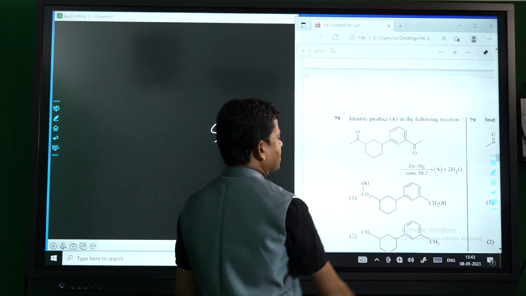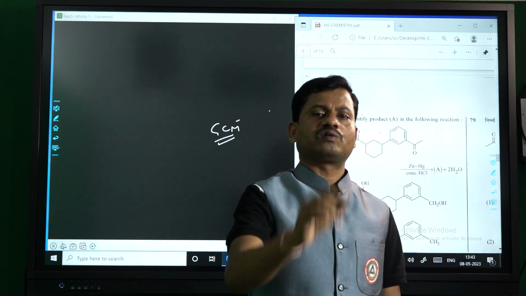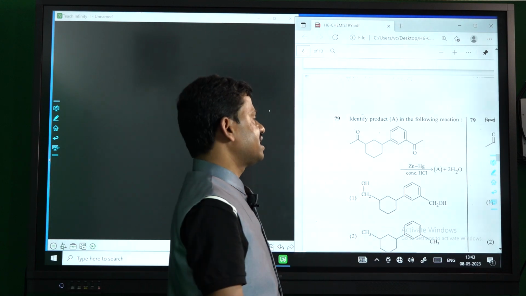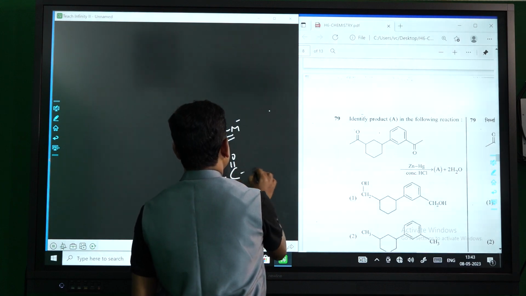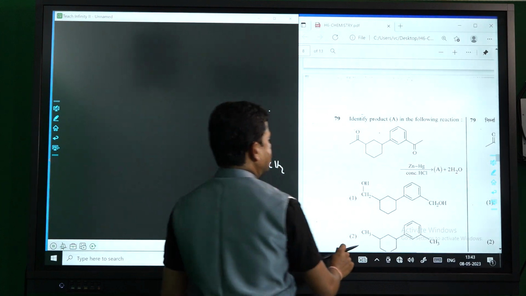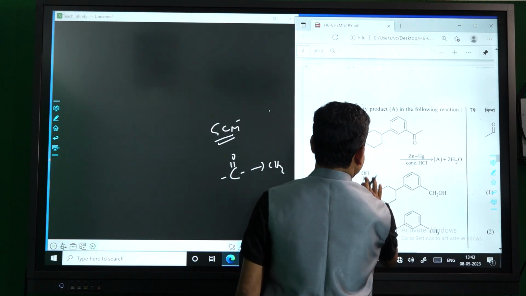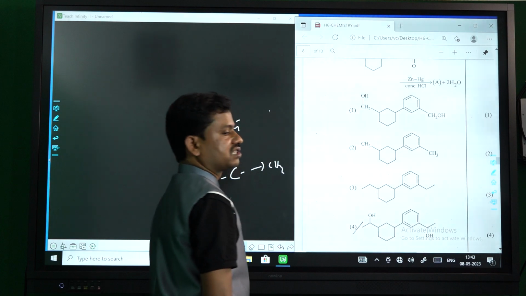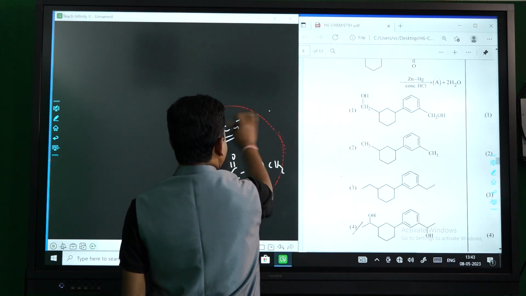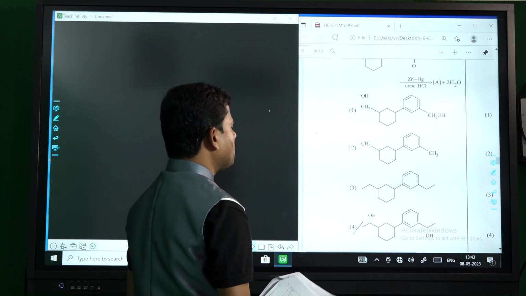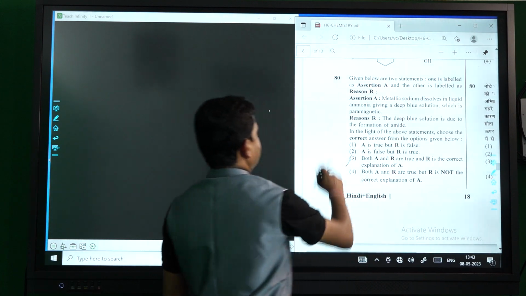In your reaction, zinc amalgam with concentrated HCl, which is known as Clemmensen reagent, is present, and the Clemmensen reagent converts the C=O group to CH2, so that you can check only an ethyl group is present in both rings. Option 3 is correct. Dear students, NTA asked a very fundamental question in the 2023 chemistry paper.